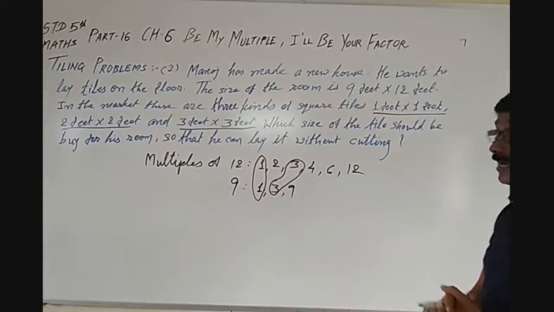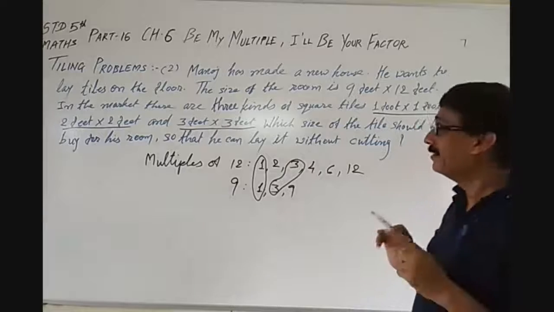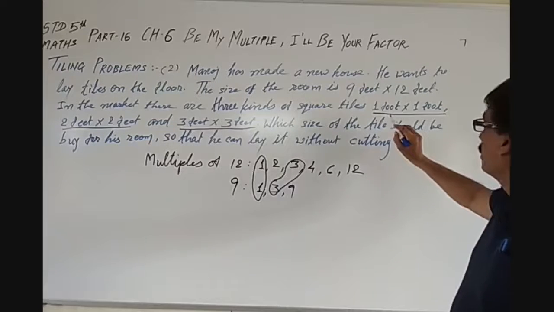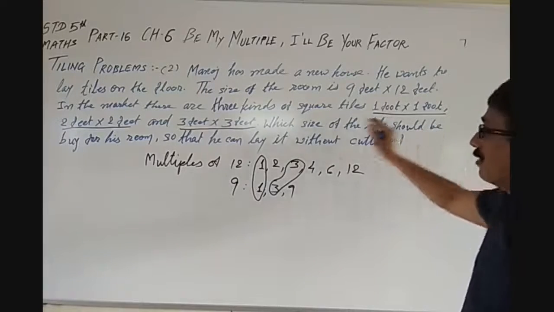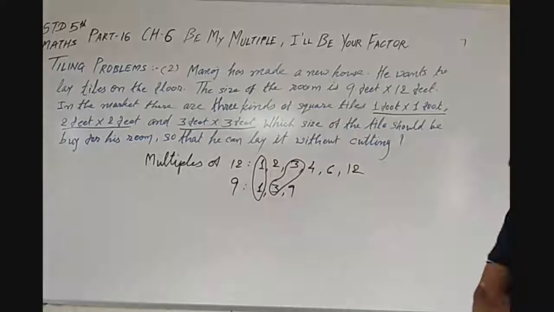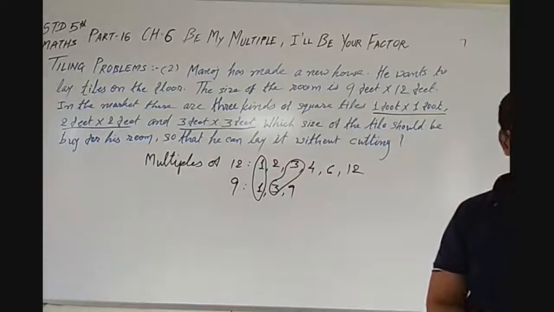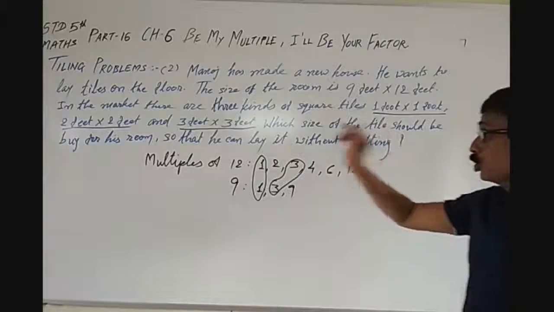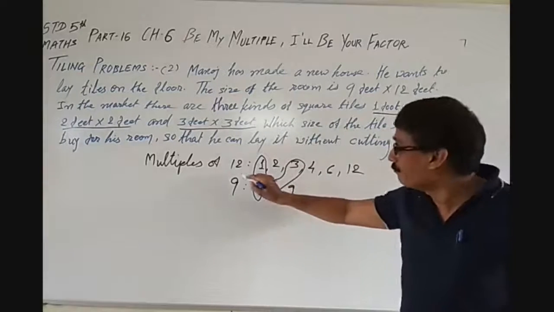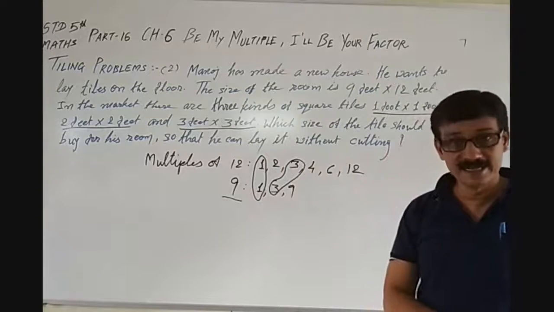So we can say that we can lay the tiles of measure 1 by 1 or 3 by 3. We cannot go for the size 2 by 2 feet, because 2 is not a multiple of 9.